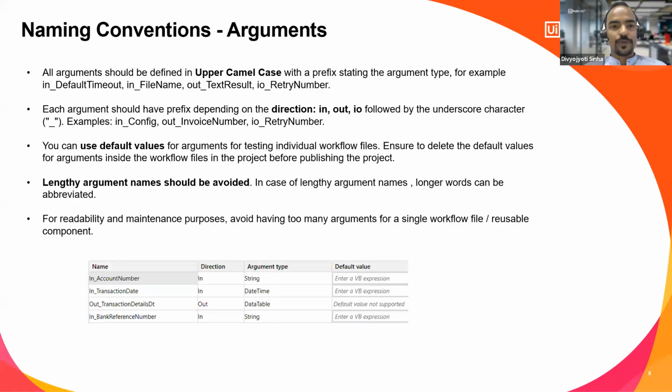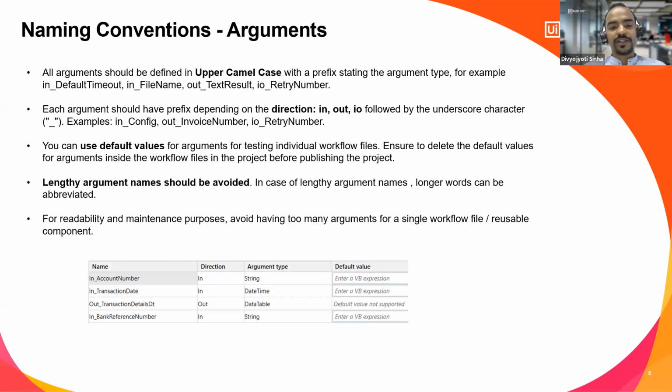Same goes for arguments as well. We recommend upper camel case for arguments like file name or text result or retry number, whatever it may be. But you should take into account that whatever argument names you are defining should start with the in underscore parameter, or out underscore parameter, or IO underscore parameter, depending upon the direction of that particular argument in a particular workflow, right?